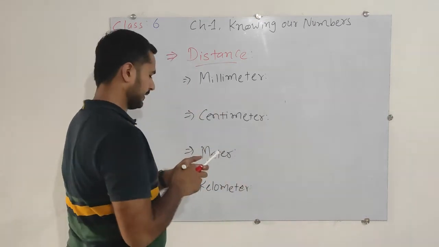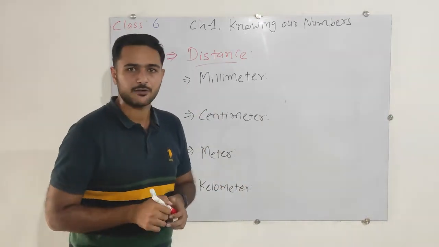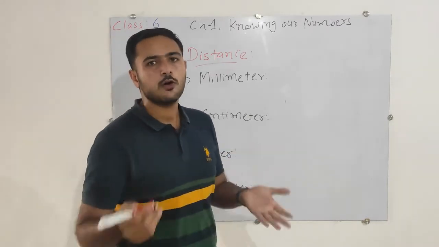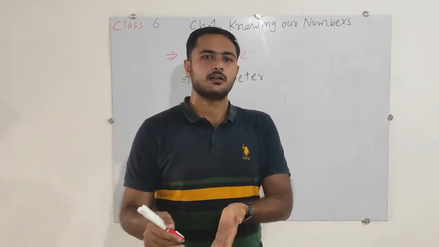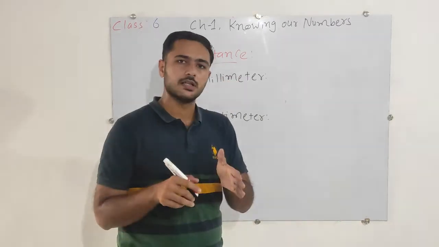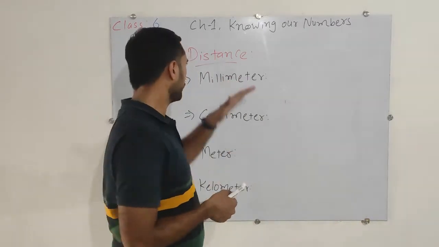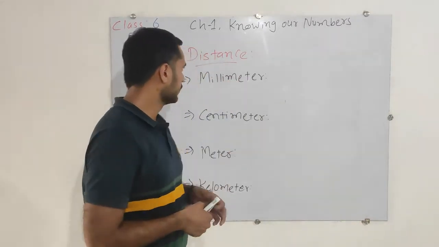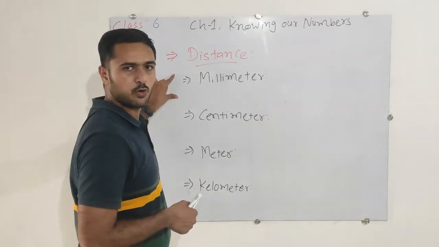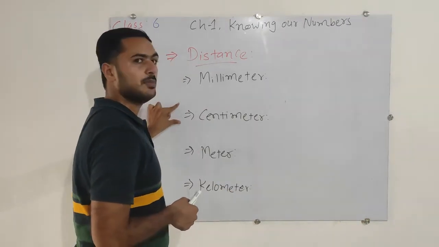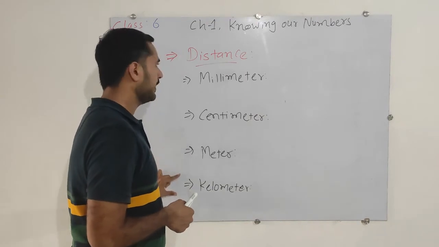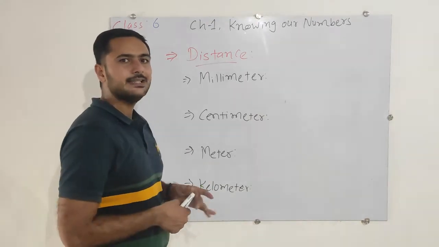These are just the basic units which we use in our daily life. There are actually a lot of units, especially for distance, but we are just going through some basic ones. The smallest one is the millimeter, then centimeter, meter, and kilometer. I just wrote them in ascending order.